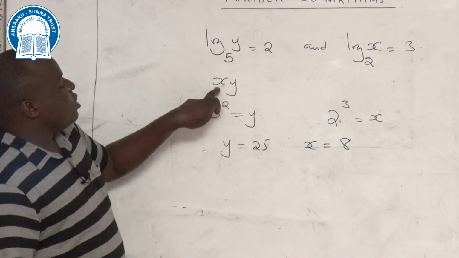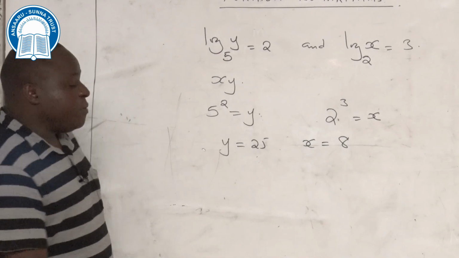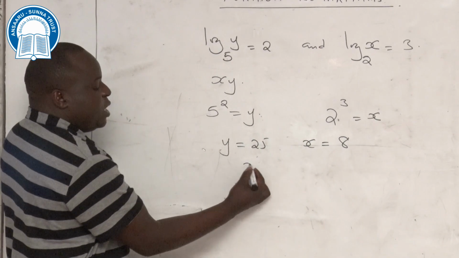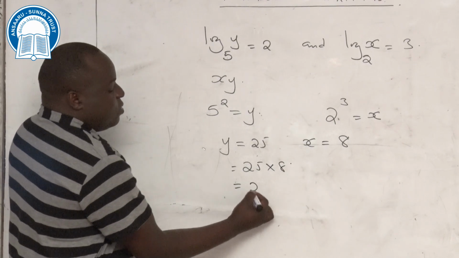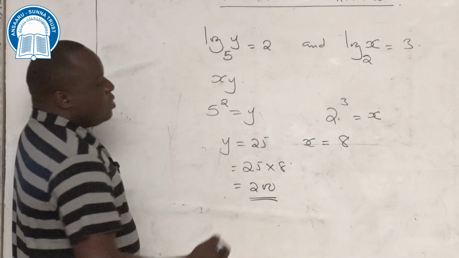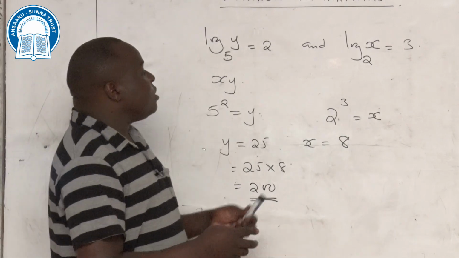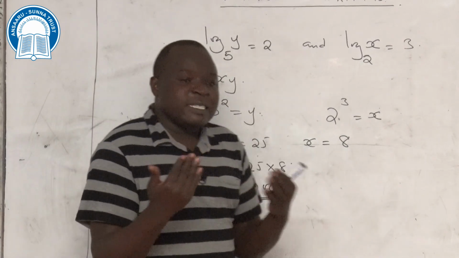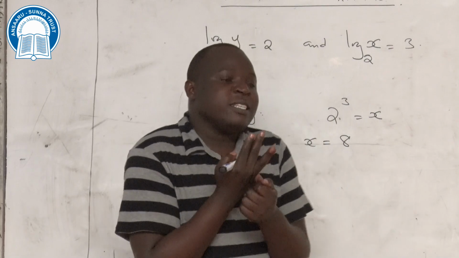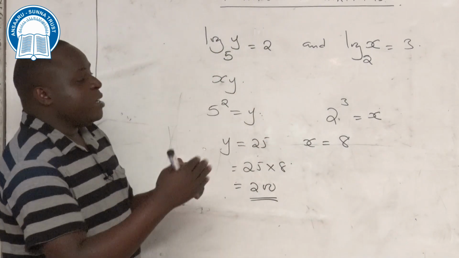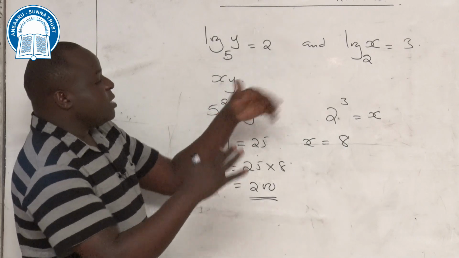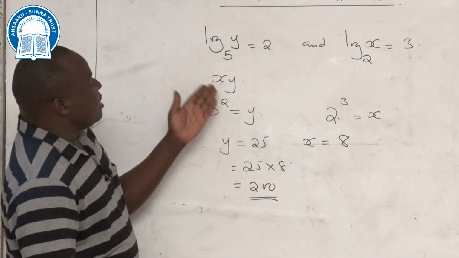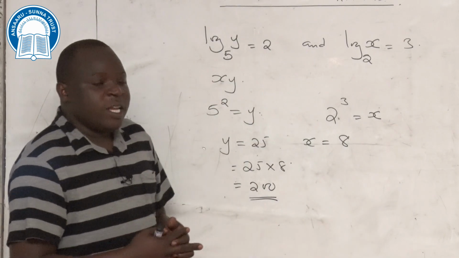The question was to find xy, so the value of xy should be 25 times 8, which equals 200. So you can see that I've used the concept of changing indices to logs and vice versa to solve such a question. If I didn't know how to do that, there's no way you could actually solve it.